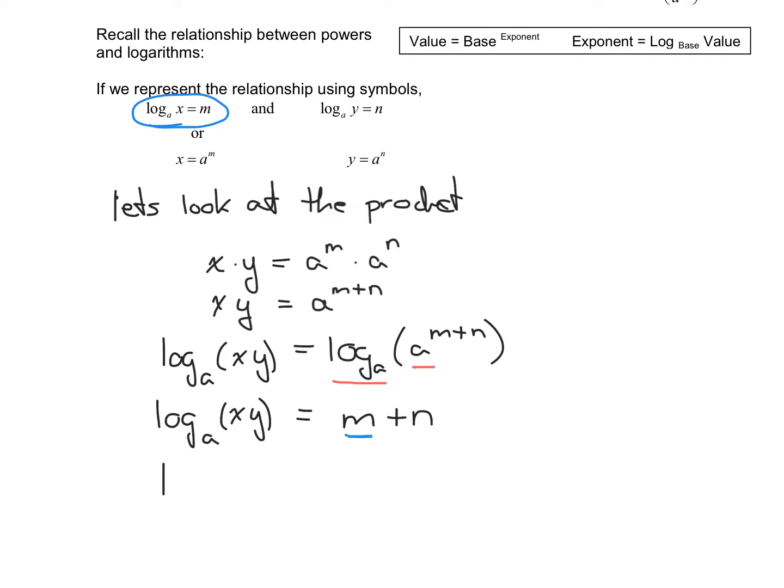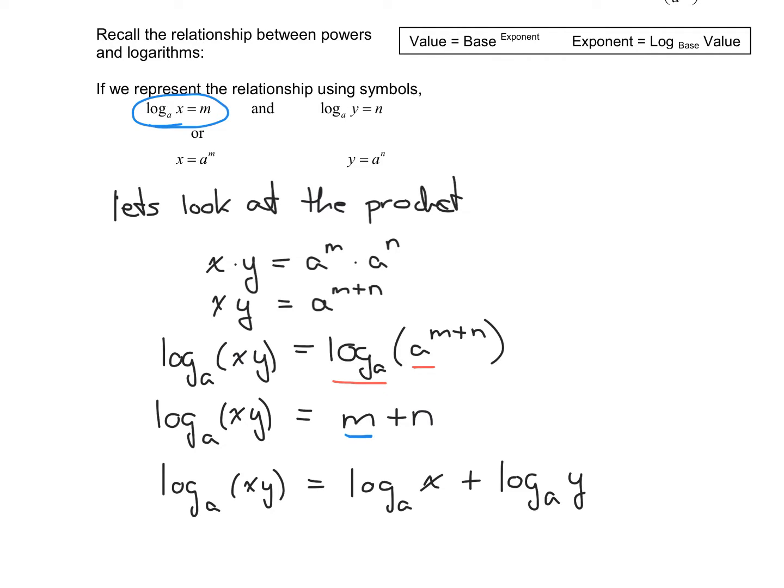So my log base a of xy is m, which I knew from the original is log base a of x, and similarly n is the log base a of y.